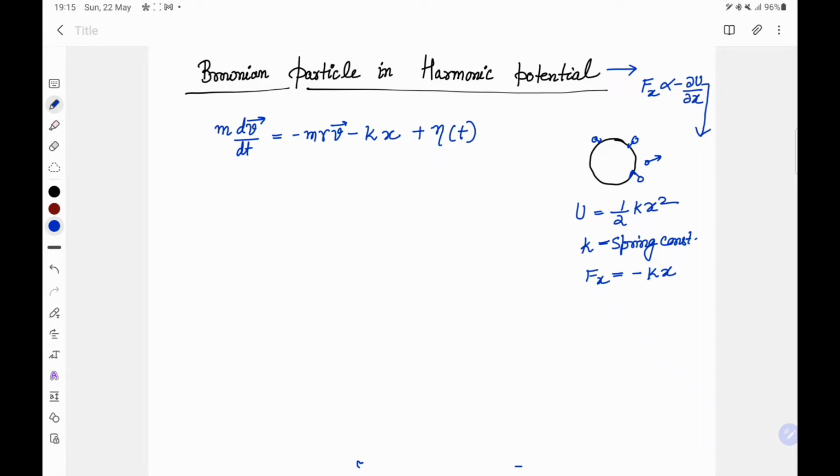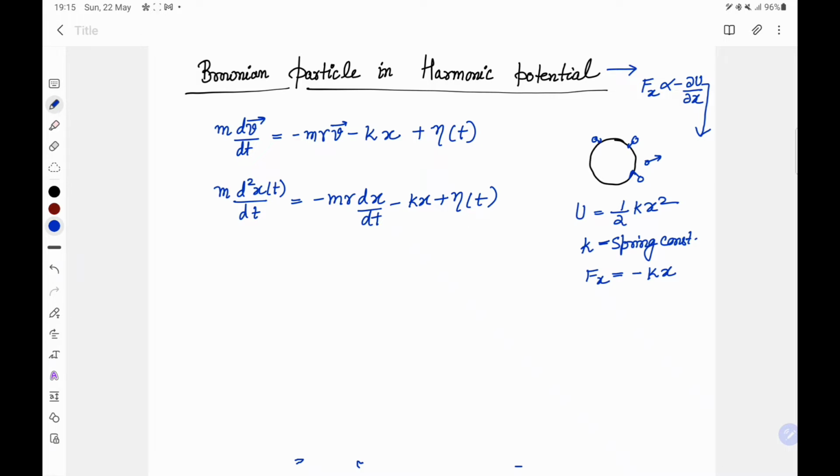So let us write everything in terms of x: m d2x by dt2 equals minus m gamma dx by dt minus kx plus eta(t). Eta is our old random noise which we had seen earlier also.